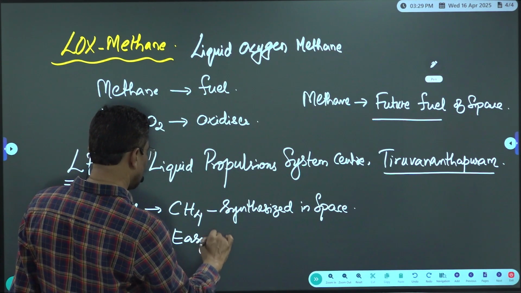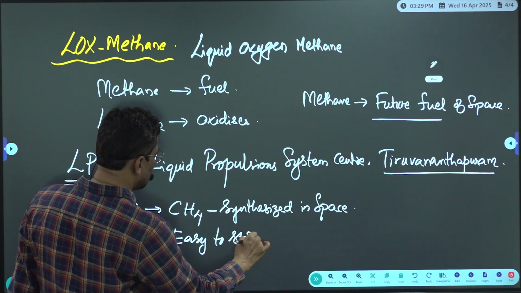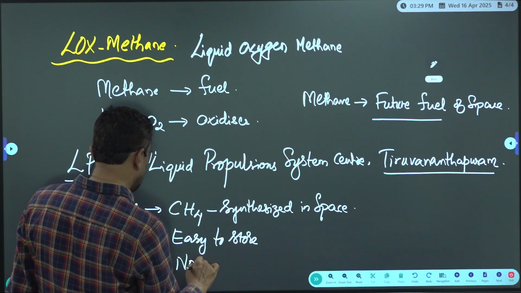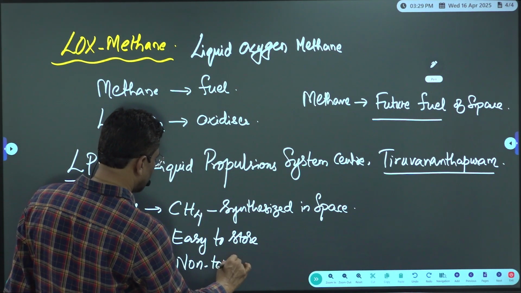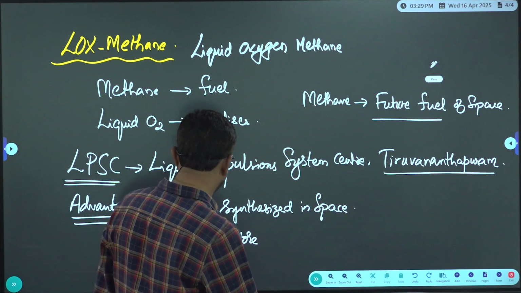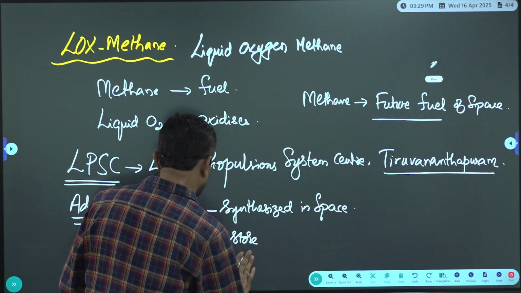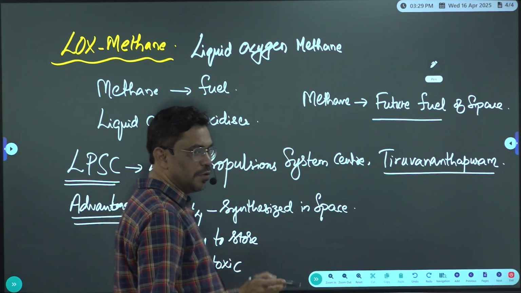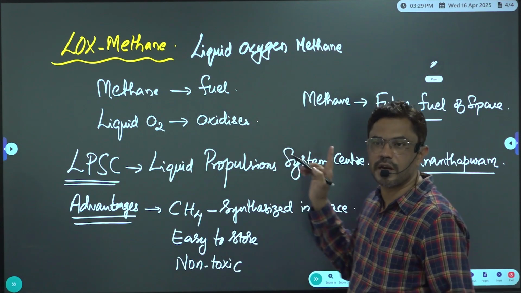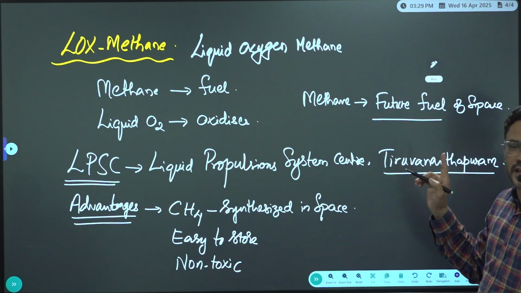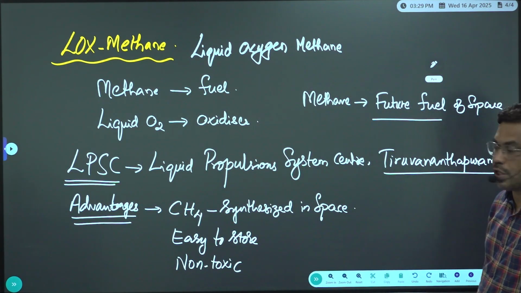It is easy to store and it is non-toxic in nature. Whereas UDMH, unsymmetrical dimethyl hydrazine, and nitrogen tetroxide are toxic in nature. So these are the advantages of LOX methane.